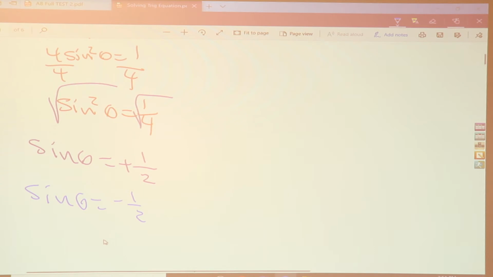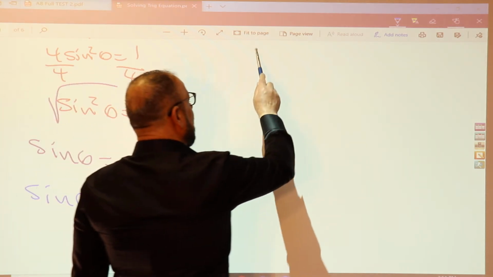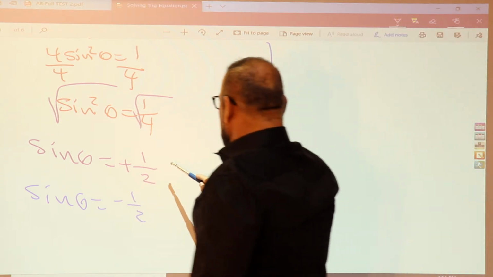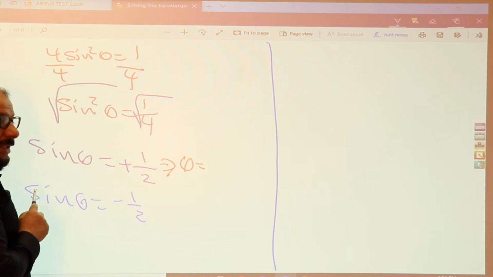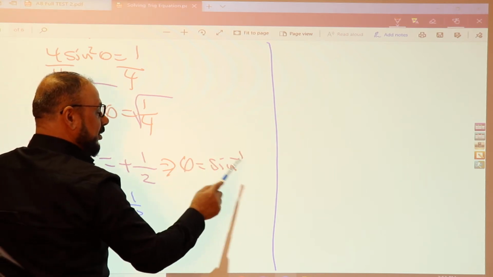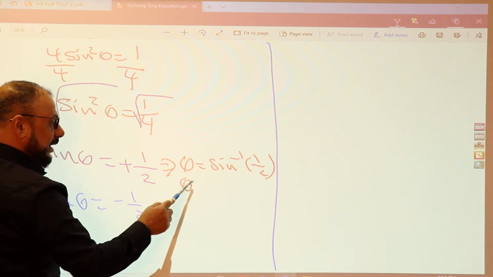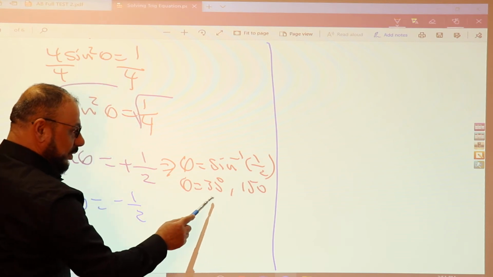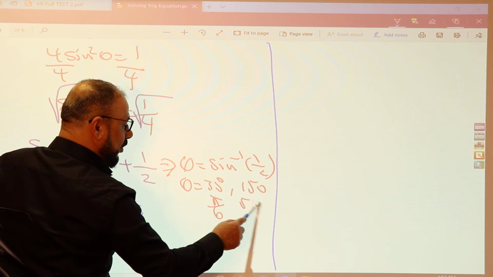Now each one of these two answers has two answers. Theta is sine inverse of 1/2, which I just did: theta equals 30 degrees or 150, which is pi over 6 or 5 pi over 6.